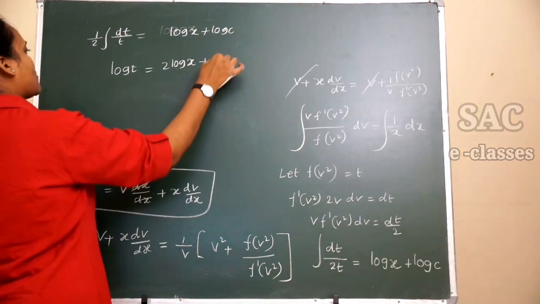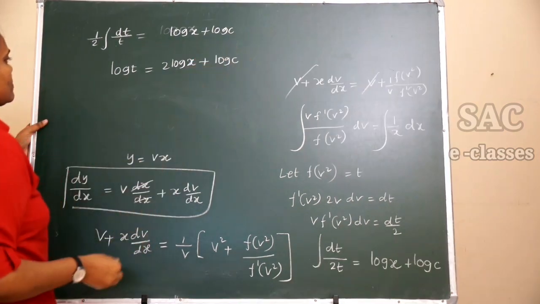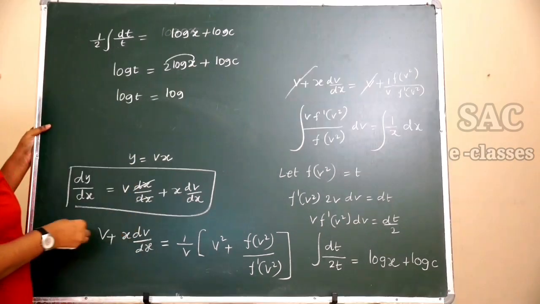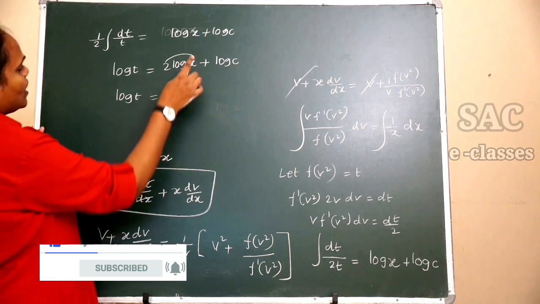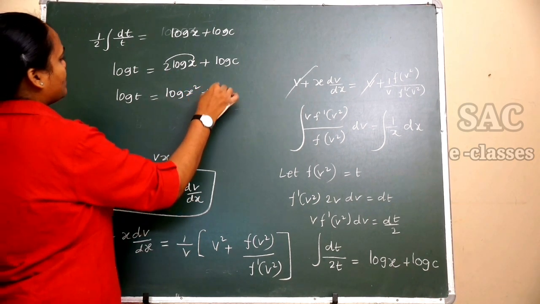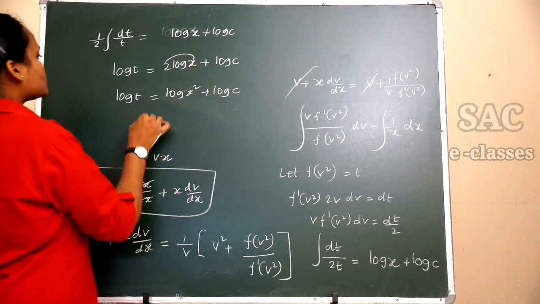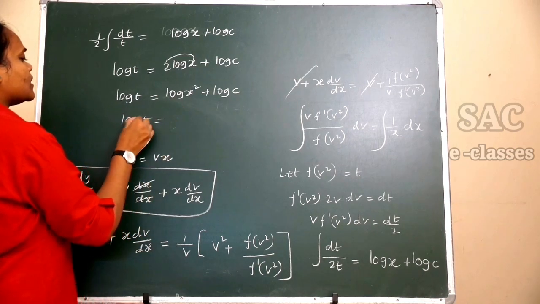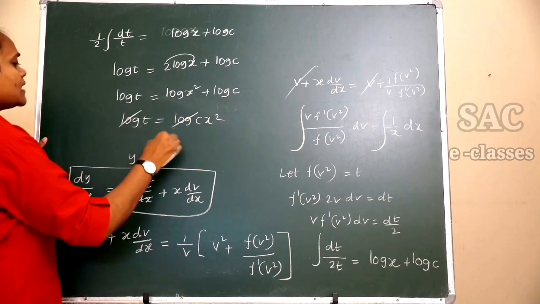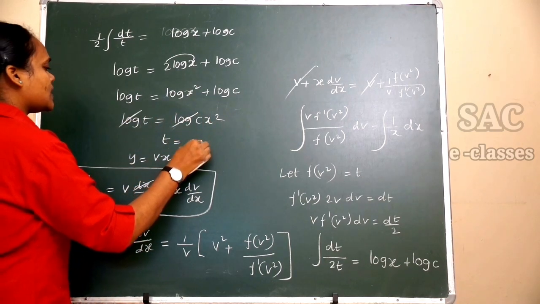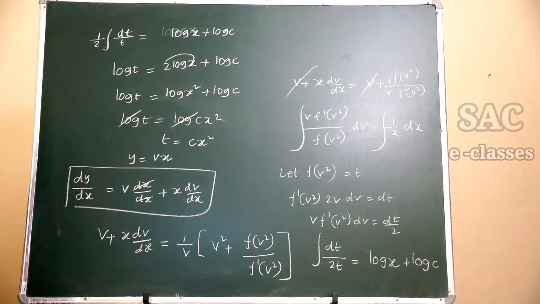So log t equal to log x; m log x can be written as log x power m. In the same way, 2 log x can be written as log x square plus log c. So log t equal to log of cx square. Log and log get cancelled. t equal to cx square.